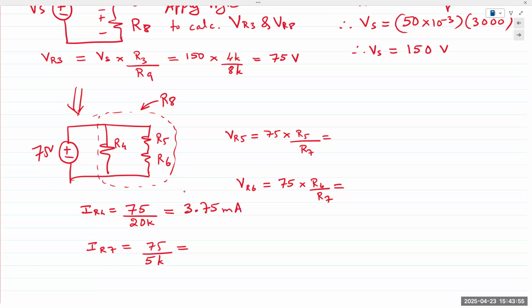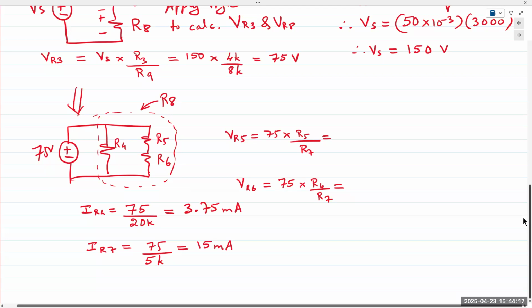How about the second one? 75 divided by 5,000, that's 15 milliamps. Yep, 5 times 15 is 75. 75 milliamps, IR7. How about VR5?